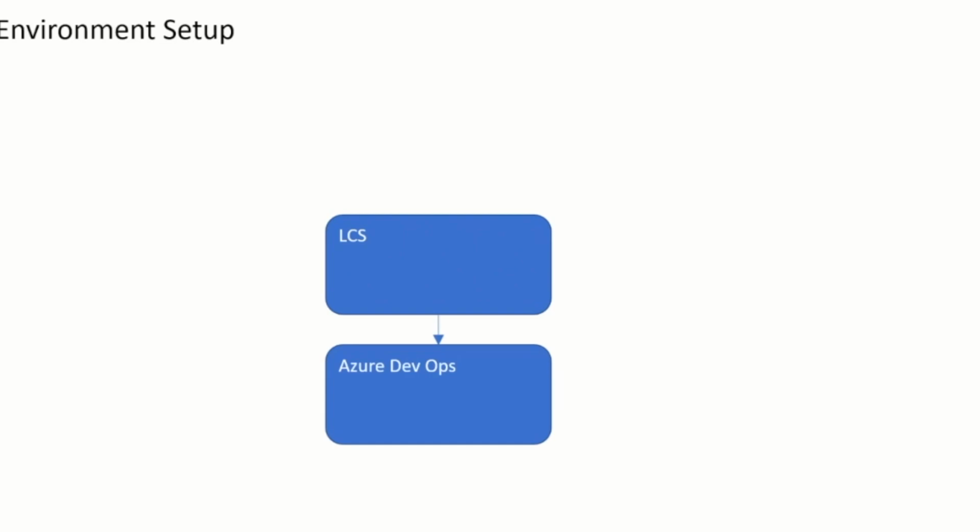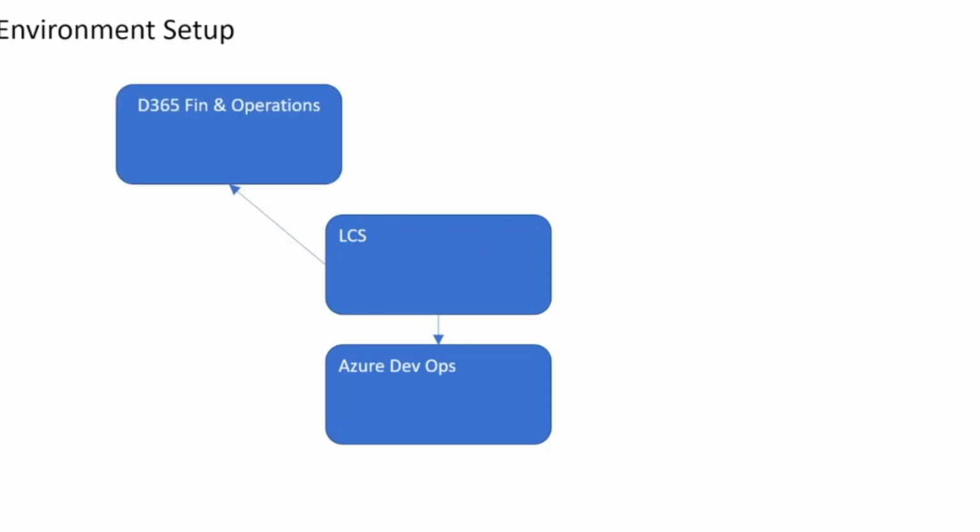Then from that LCS project, we will make a link to an Azure DevOps. Here again, either the customer already has an organization in Azure DevOps, or we're going to create a new one, and we're going to create a project. We're going to link LCS and make sure that LCS has access to the Azure DevOps project, to be able to write into it, and also to retrieve artifacts from it.